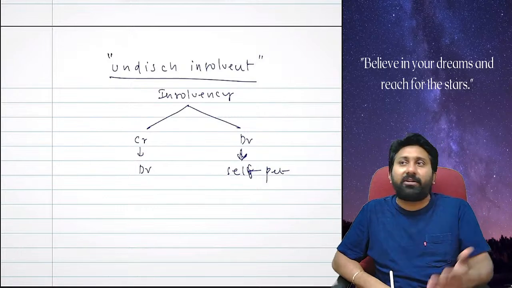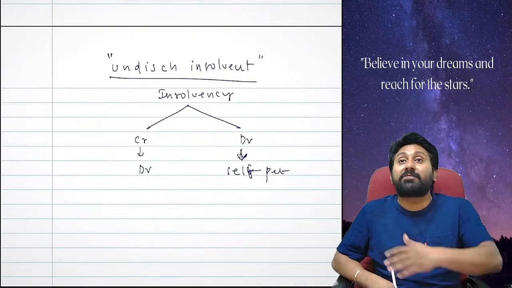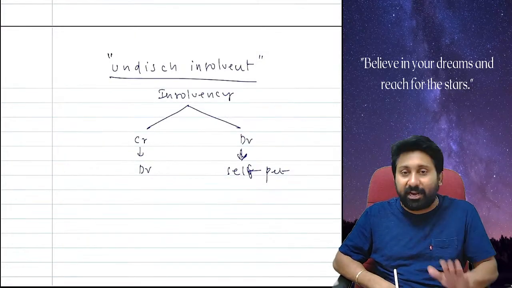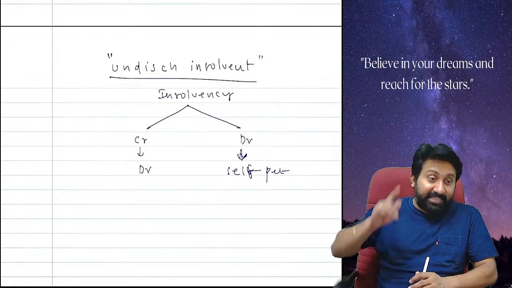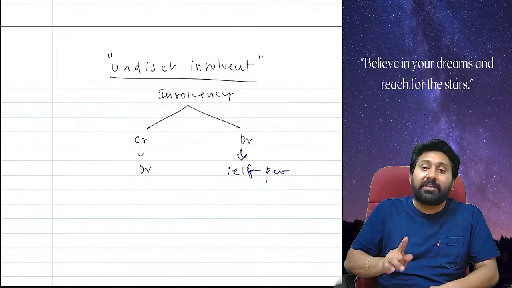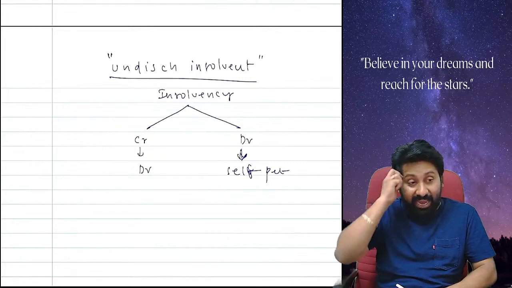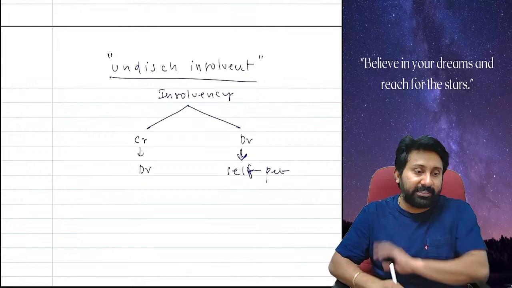This is the basic ideology behind the concept of insolvency in India. For that, there is one separate act called the Insolvency and Bankruptcy Code. It will come in CA Final, where we will discuss in depth the concept of the Insolvency and Bankruptcy Code, from its grandfather, how this act has come. But here, that's not the intent. We should know what is insolvency.